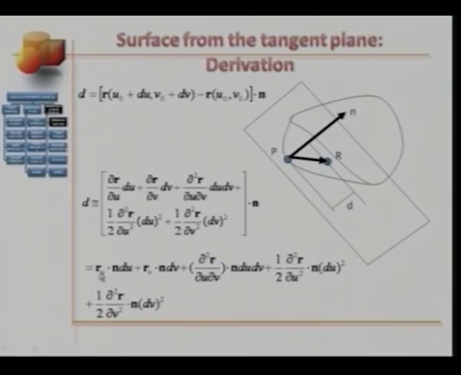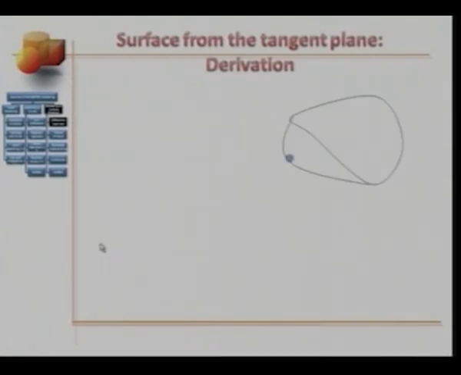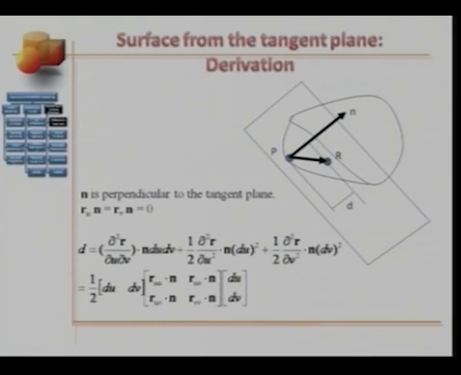Since this dot product is 0 and this dot product is also 0, we have d equals partial 2r over partial u partial v dotted with n du dv plus half of partial 2r over partial u squared dotted with n du squared plus half of partial 2r over partial v squared dotted with n dv squared.